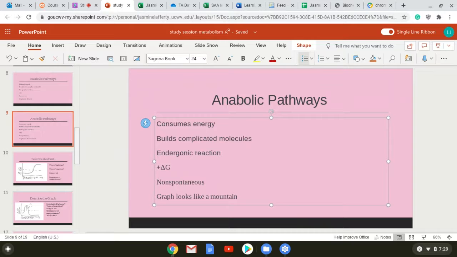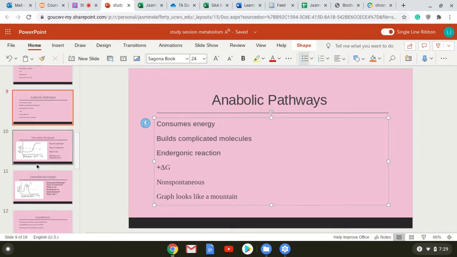So what's the word that we know from the biomolecule chapter for something that builds complicated molecules? Come on, I know y'all know it. If catabolism was hydrolysis, then anabolism is dehydration synthesis. Good job.